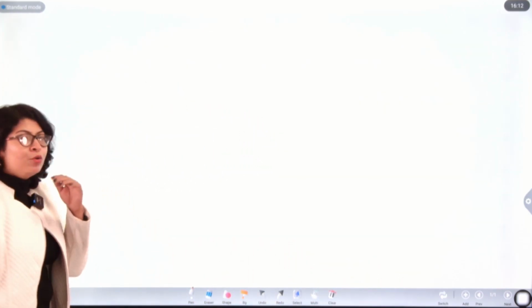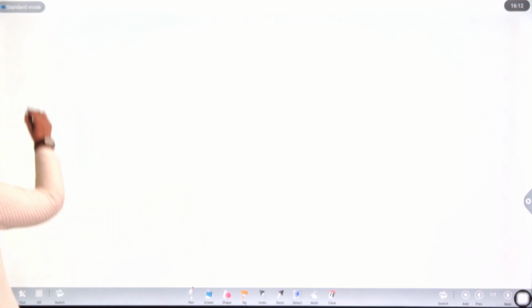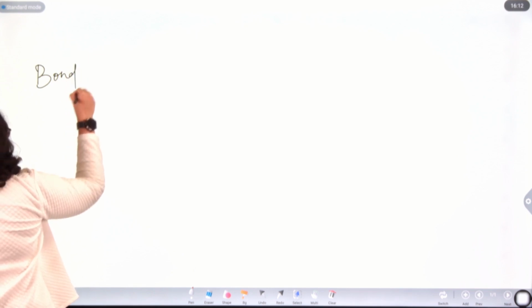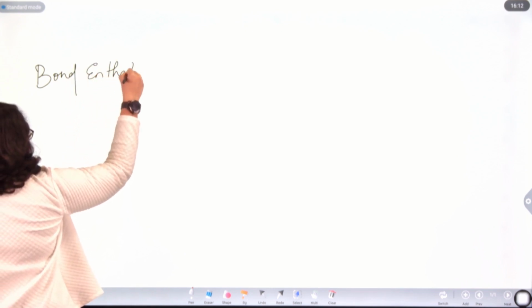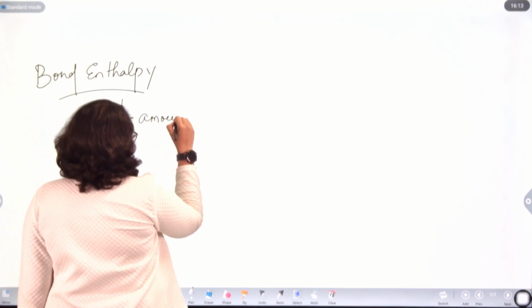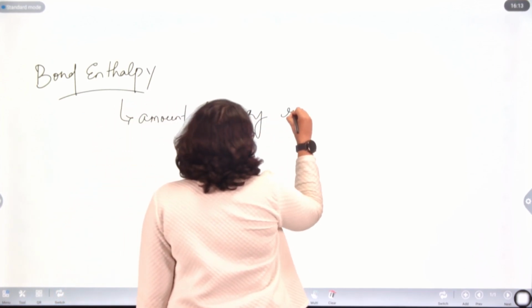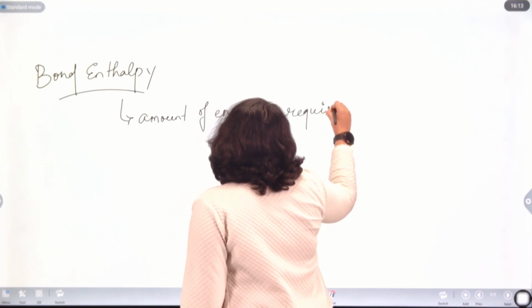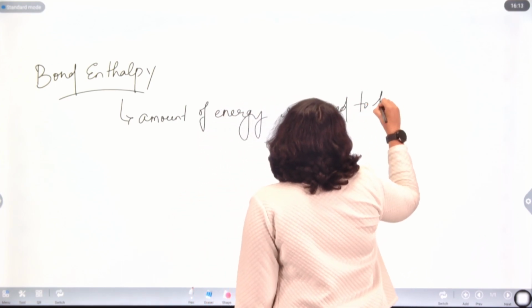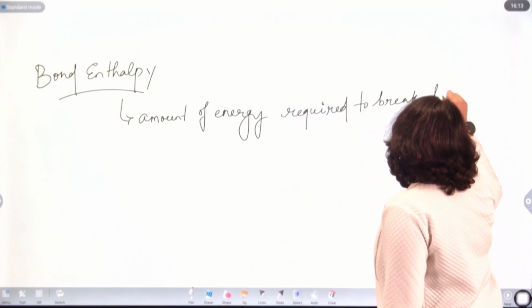Now, if I move on to the next concept, which is bond enthalpy. Bond enthalpy is related to bond energy. So basically, bond energy means the amount of energy required to break a bond.